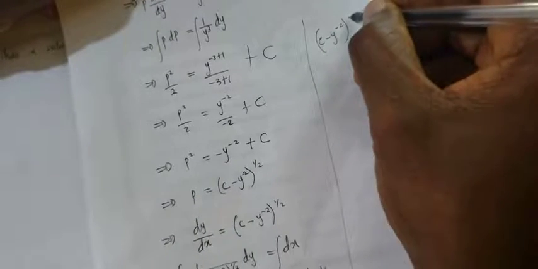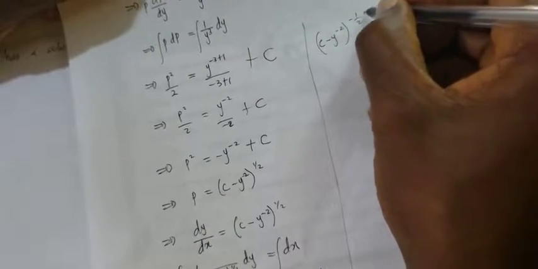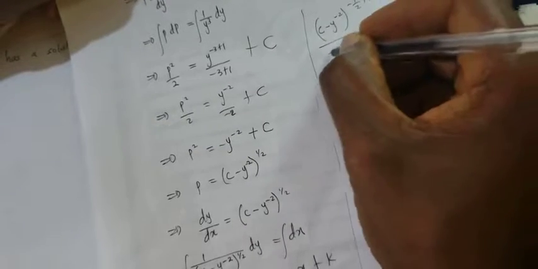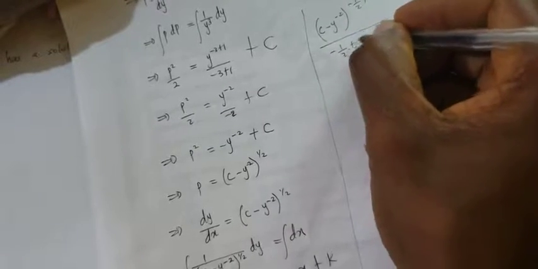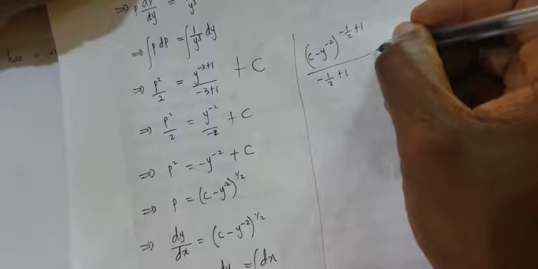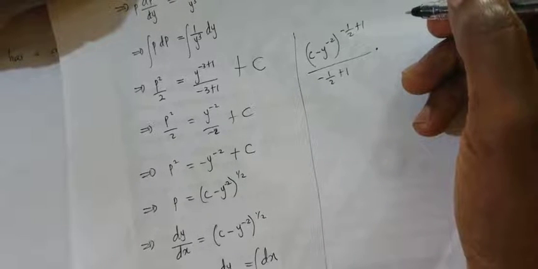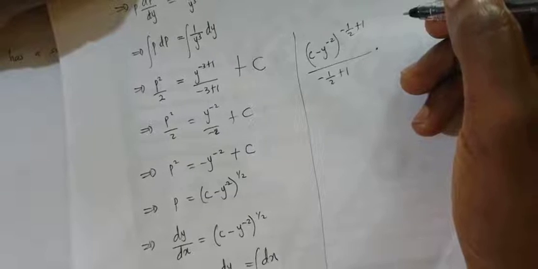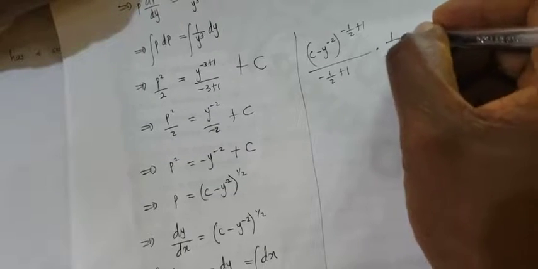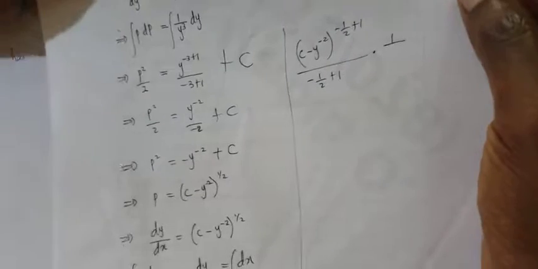When we integrate with respect to the core, we're going to have c minus 1 raised to power minus 2, all raised to power minus 1 over 2 plus 1, all over minus 1 over 2 plus 1, then in this case multiply by the derivative of the core divided by the derivative of the core. Will that work out?